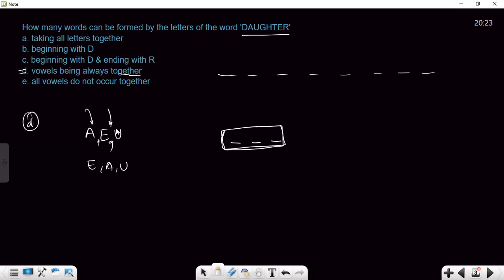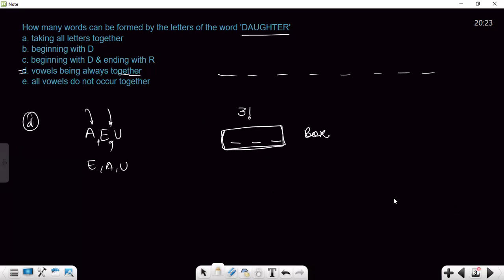How many ways to arrange these elements inside the box? 3 factorial, because 3 choices for the first place, 2 choices for the second, 1 choice for the last place. That is 6. In 6 number of ways these 3 letters can be arranged. So that's a box which is going to keep all the vowels together inside the box.